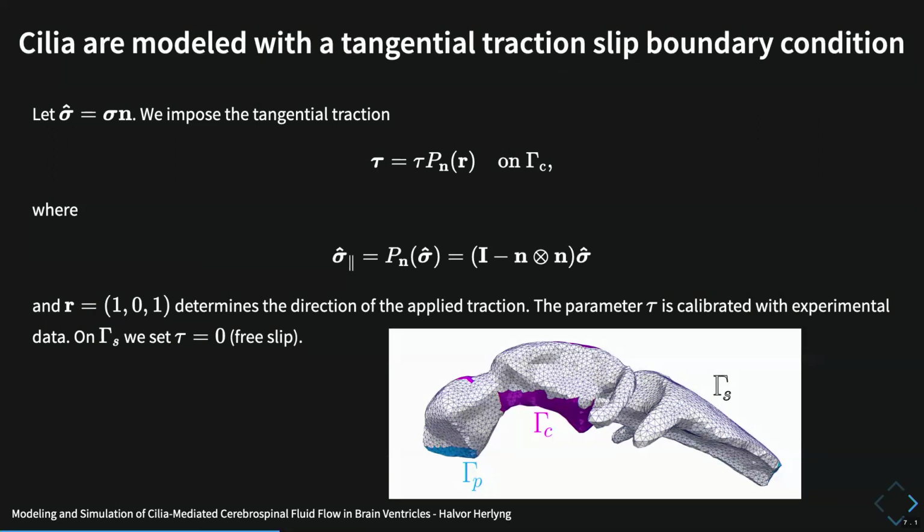This is motivated by the fact that in experiments they see the velocity profile increasing towards the wall, so a slip condition seemed more appropriate to model that type of behavior. And in the normal direction, we just impose no normal flow to model the ventricular compartment as closed.